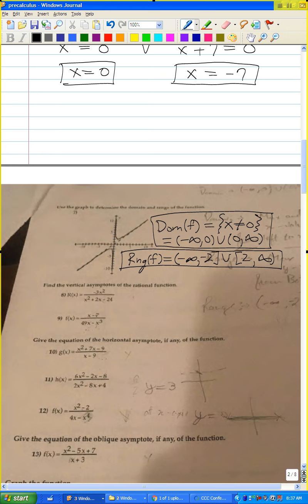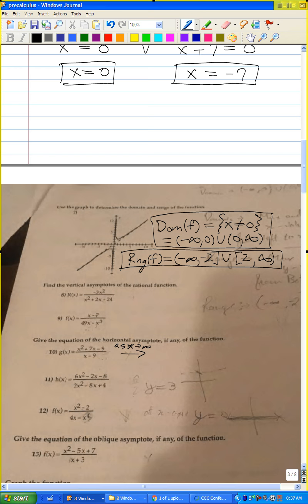To find the horizontal asymptote, you'd look at the limit as x gets very large and see what these approach. Well, I have x squared plus 7x minus 9.